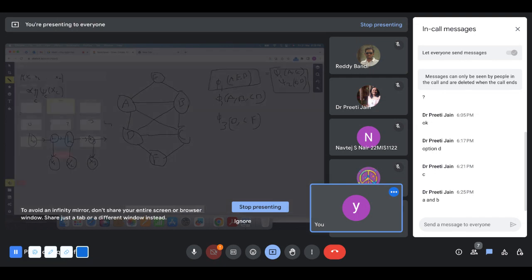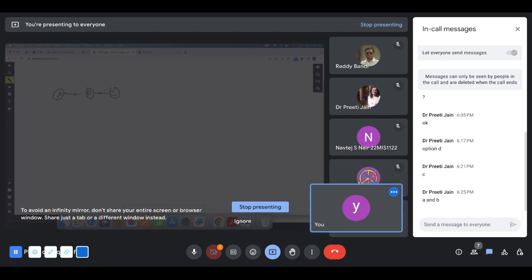There's A, and there is B, and there is C, and this is D. So this is a Markov chain actually.